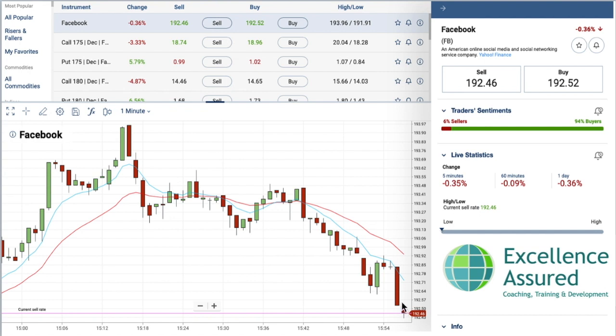So all in all, 2 quick trades within half an hour in the downtrend on the 1 minute chart of Facebook.